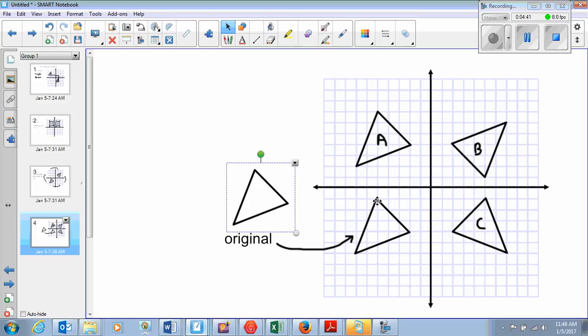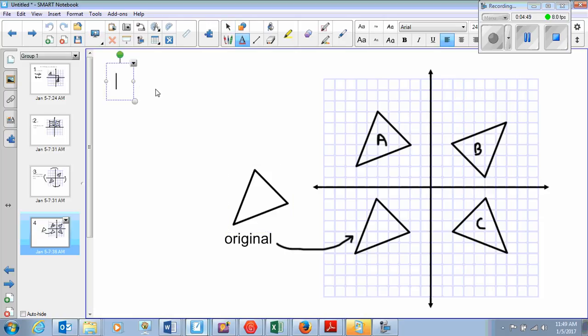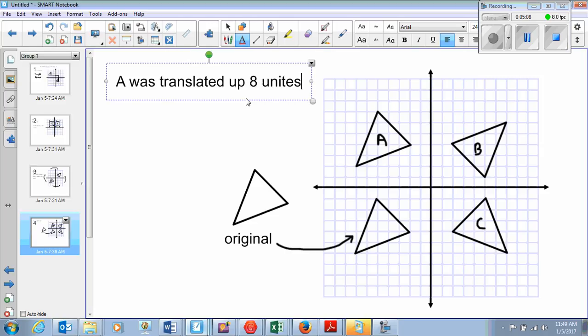You can see how that point there would match up with that if it was actually reflected across that X. So if we're looking at A, we would say that A was actually slid or translated, and we're just going up. It didn't move right or left, it just went up 1, 2, 3, 4, 5, 6, 7, 8 units. So we'd say translated up 8 units.